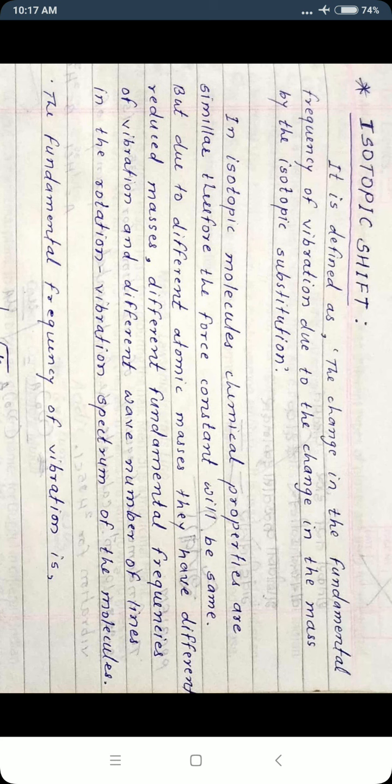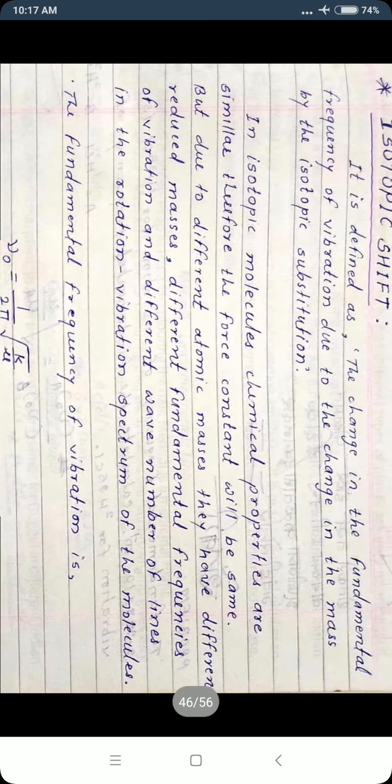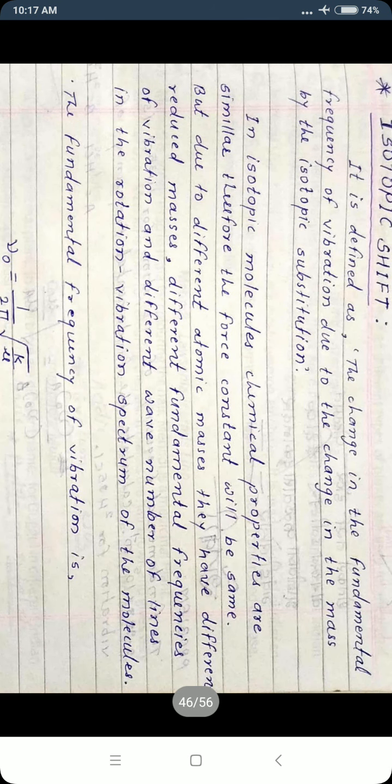Because of replacement of an atom by its isotope, the change in vibrational frequency of that bond is nothing but the isotopic shift.